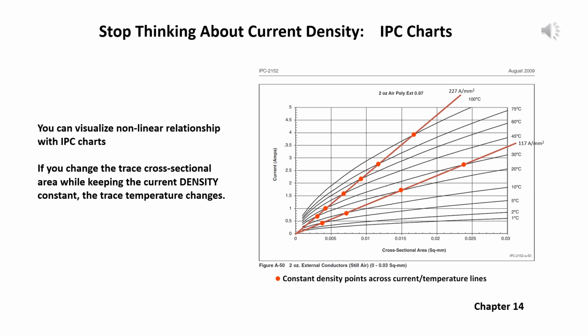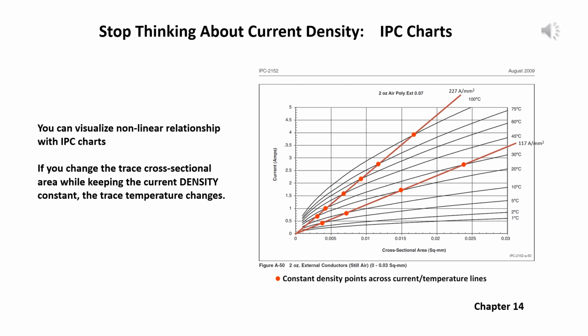The second way is by using the IPC charts. This is the same IPC chart I showed you earlier in the presentation. It has conducting cross-sectional area on the horizontal axis and current on the vertical axis. Therefore, any straight line drawn on this graph that originates at the origin has a constant current density.